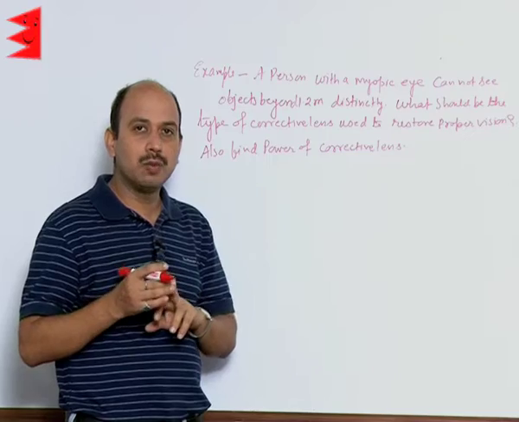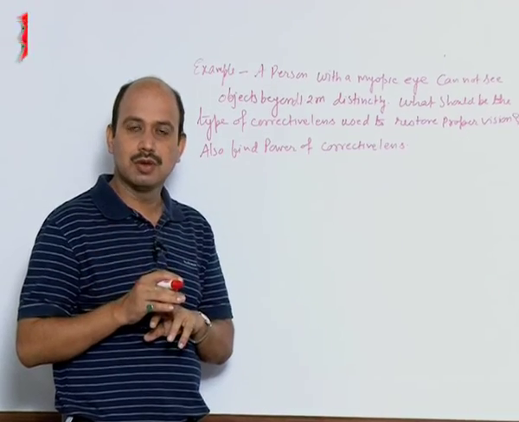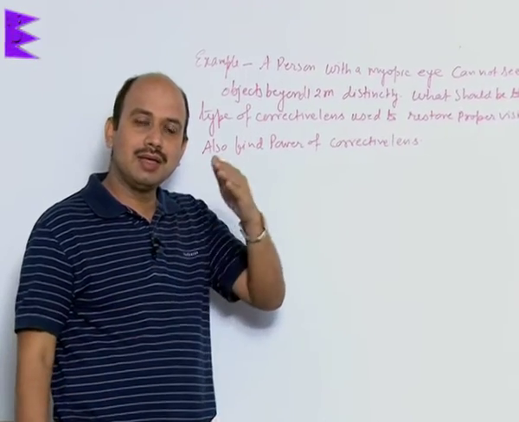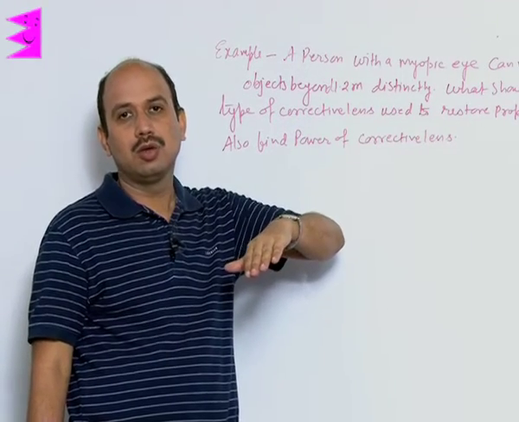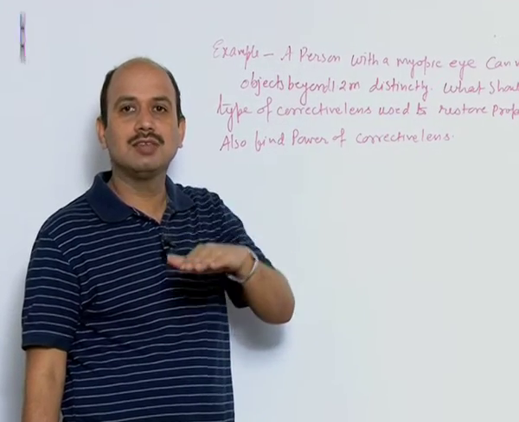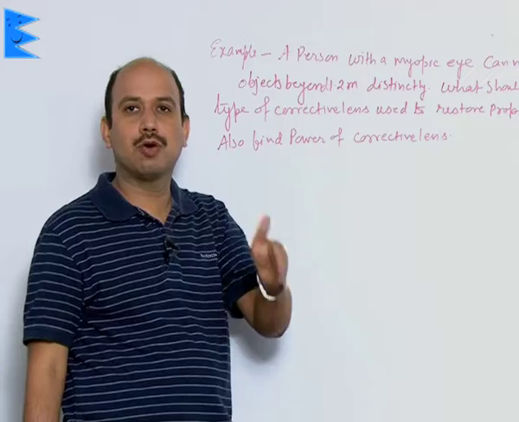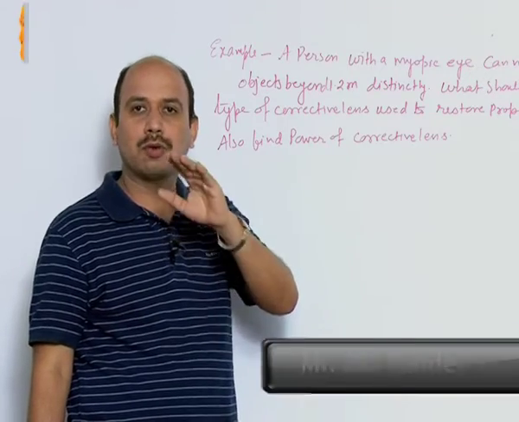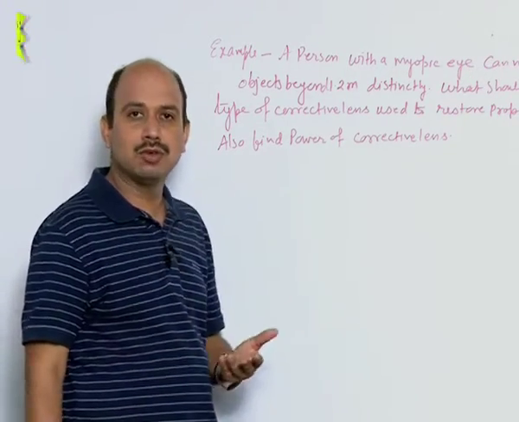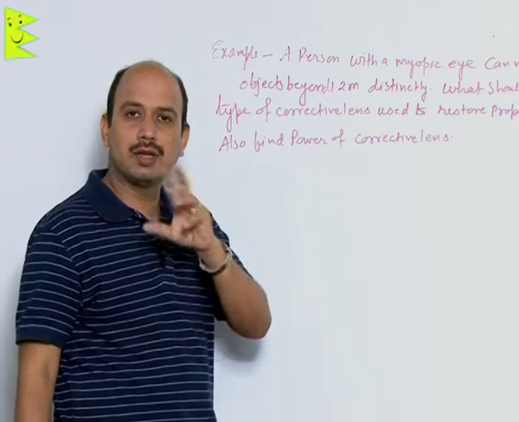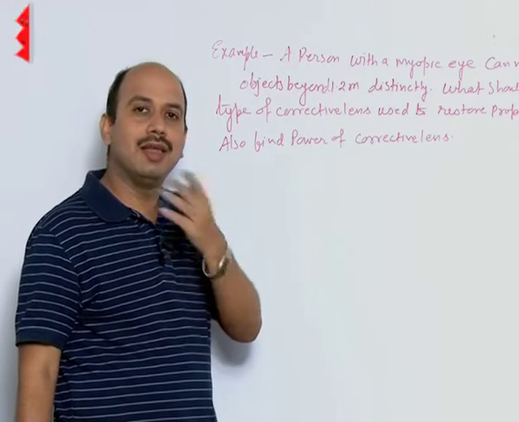So, first thing is here we can use a lens which is able to bring the image of the object placed at infinite distance to a point which is at a distance of 1.2 meter from the eye lens or from the eye. So, whatever is the type of lens you are using, I am not telling you that it is a particular lens, I am taking any lens.